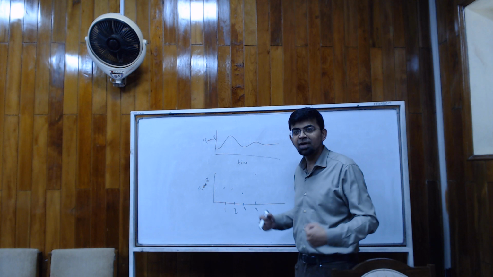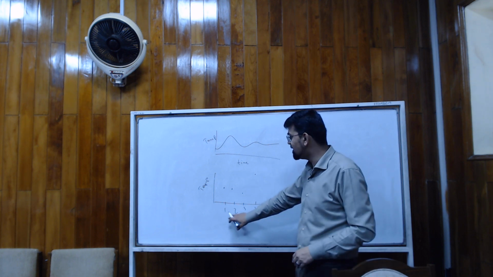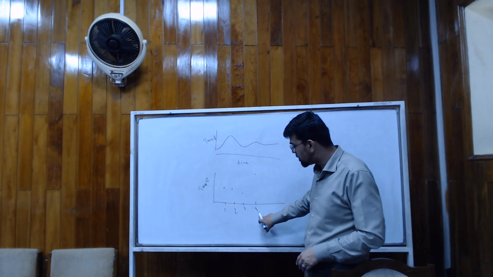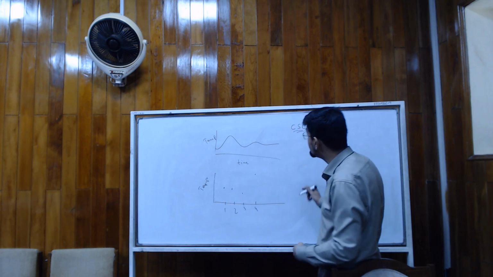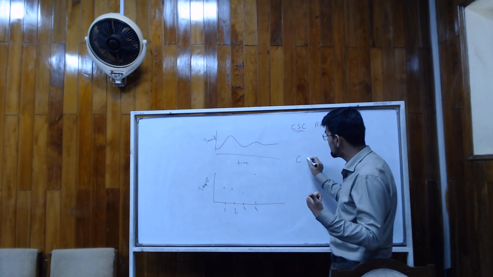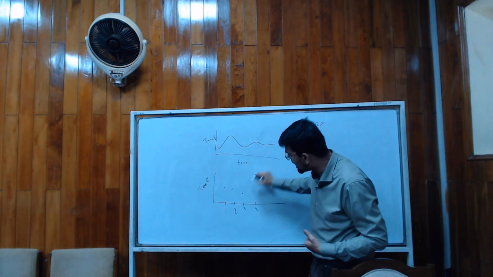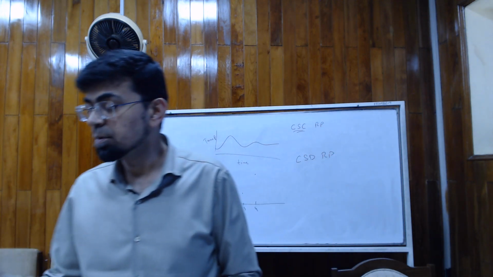Some Kashmiri families, I'm also from that, so I can joke about it. So 1, 2, 3, 4: first person, second person. So what is this? A continuous state, discrete random process.